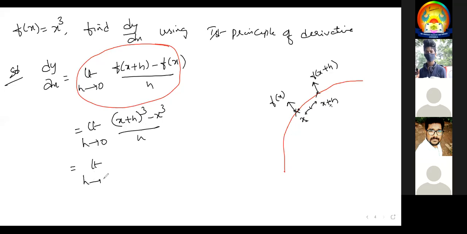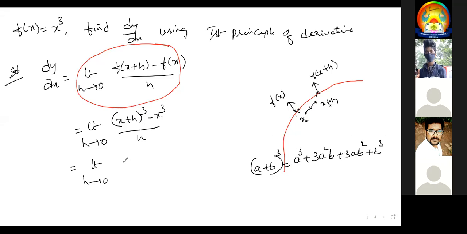That is limit h tends to 0, x plus h whole cube. The a plus b whole cube formula, you know. Anyone know this? Please respond. A plus b whole cube formula: a cube plus 3a square b plus 3ab square plus b cube.